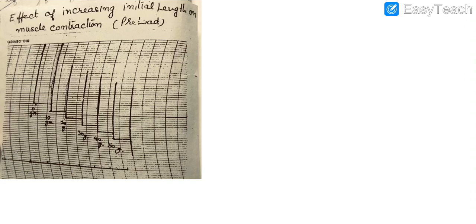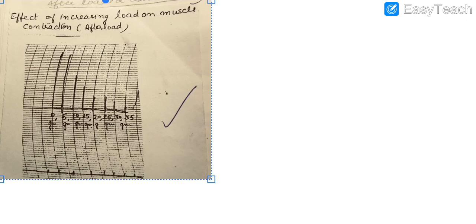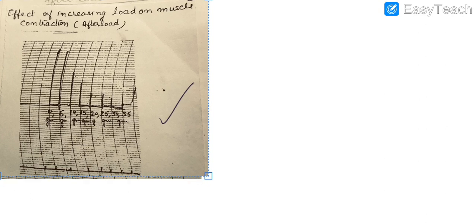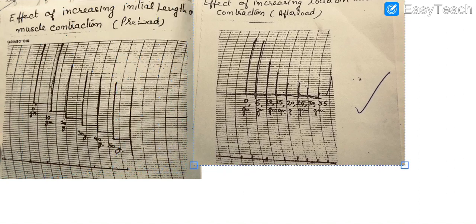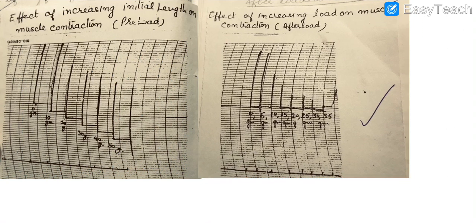If we look at the afterload graph, let me show you the afterload graph. This is the afterload graph. See, now we are increasing the weight, but the baseline is not shifting as compared to the baseline in the preloaded one. In afterload it's not shifting downward, right?